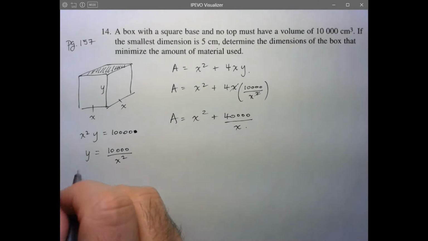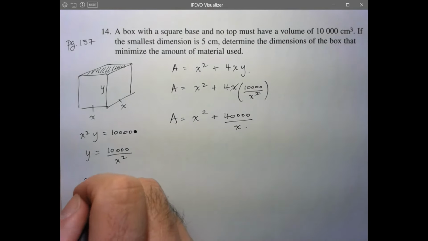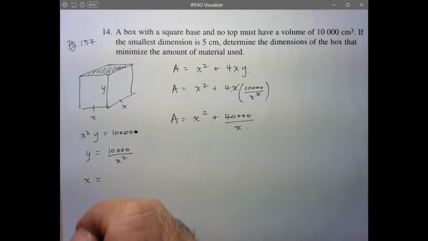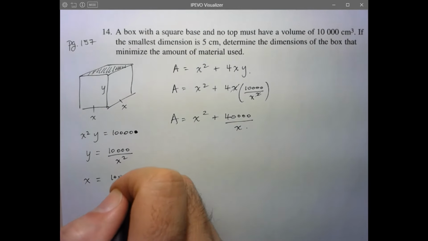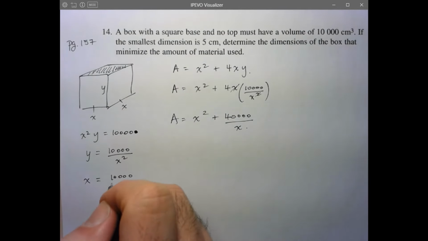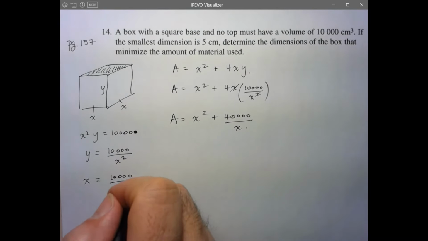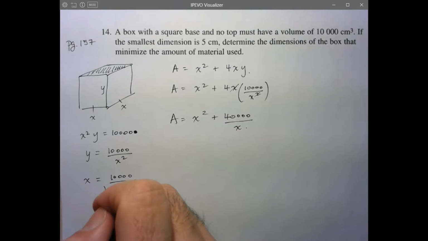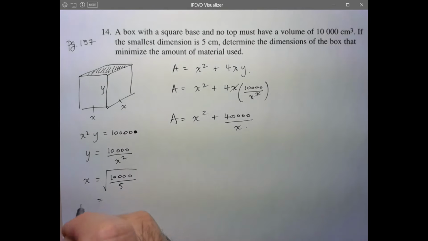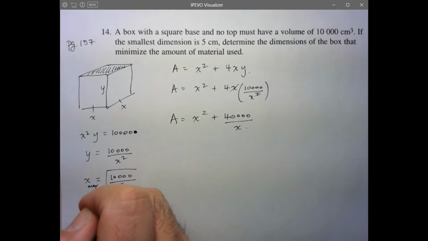So if I calculate X when Y is equal to 5, I've got my 10,000 over, dividing by Y, which is 5, and then taking the square root. Let's call this X max.